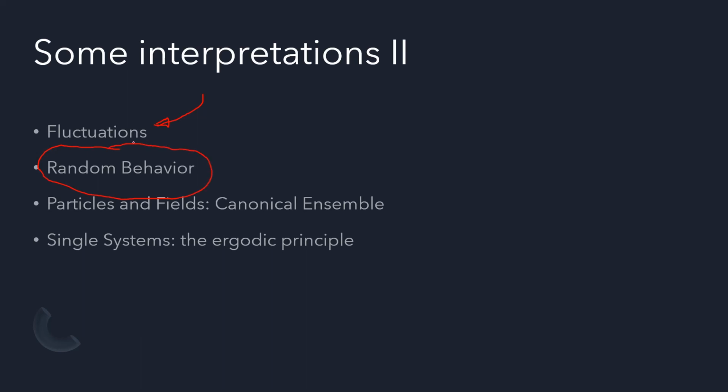But we have to get a little further in our approach to show mathematically that this is indeed the case. We may have fluctuations, but not related necessarily with random behavior. So the next step in our derivations will be to try to connect these fluctuations with random behavior, that is, with stochastic behavior.